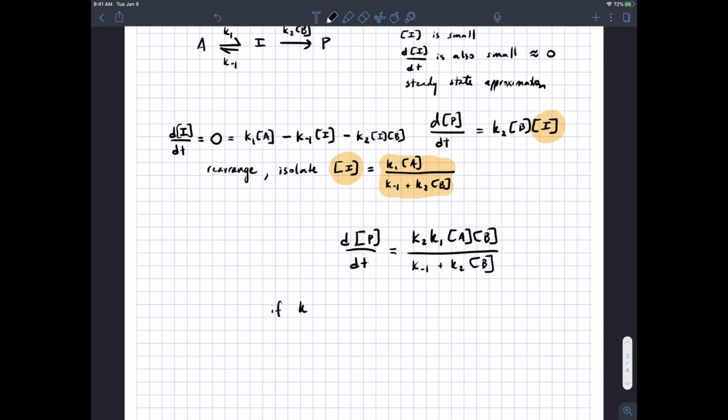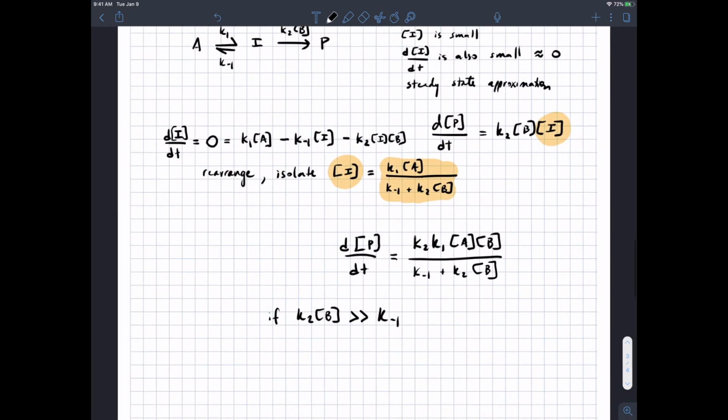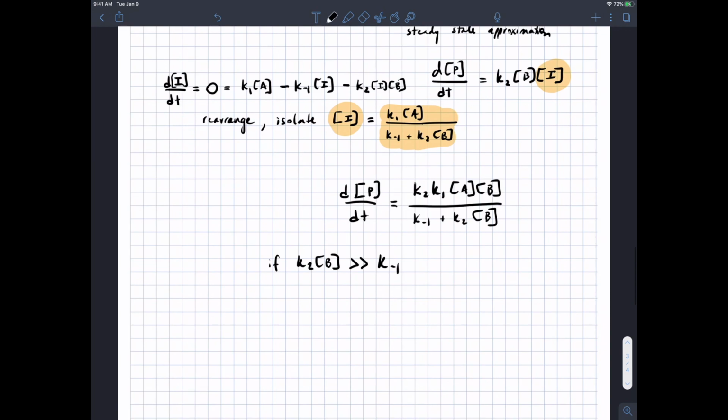What if K2 times B were much, much greater than K minus 1? Either because the B concentration was so high, and remember the B is the second reactant that we're putting in there, or because K minus 1 is so low. What would that do to our overall expression?